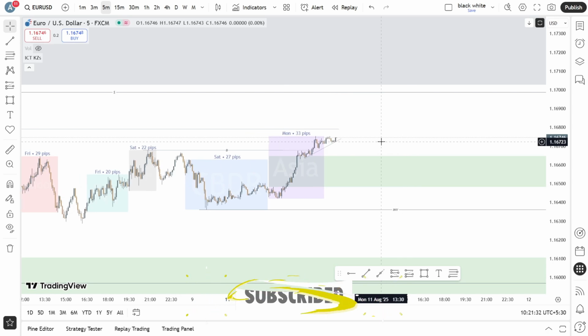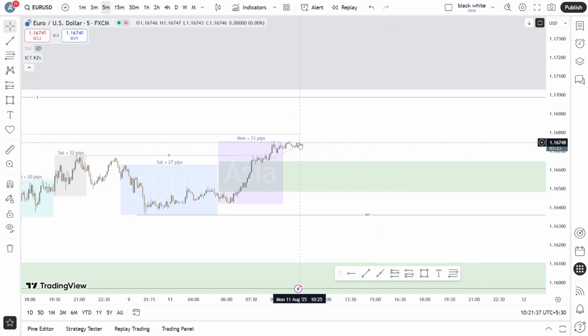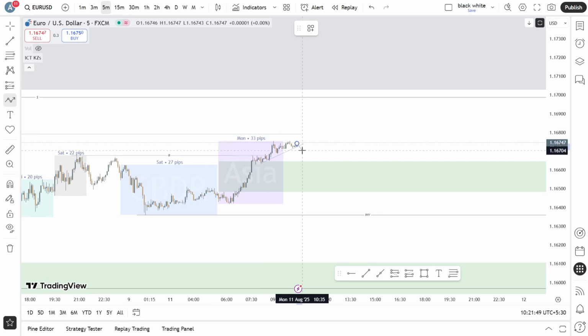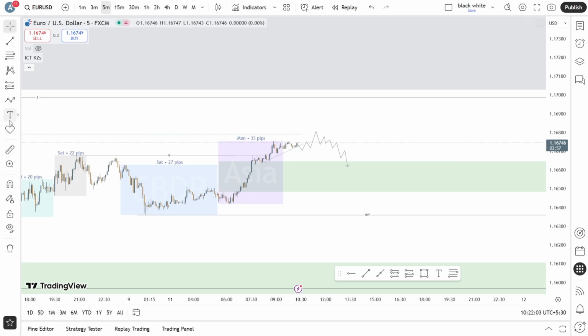So I'm anticipating that in the London session, most likely we are going to take this daily high, which will also take the Asia high, sweep it, and then we are going to move into the downward side, mitigate this level, and then we are going to see an upside move.